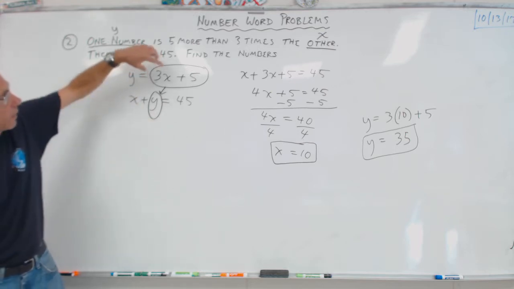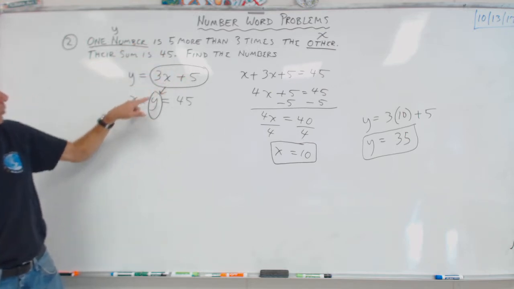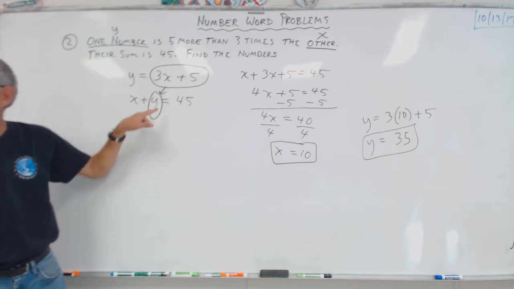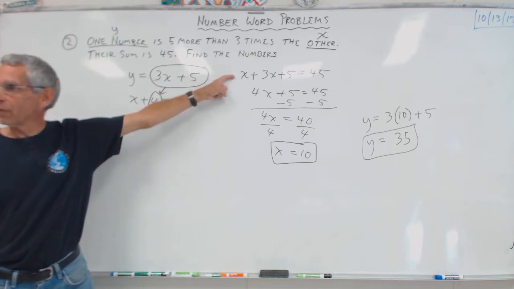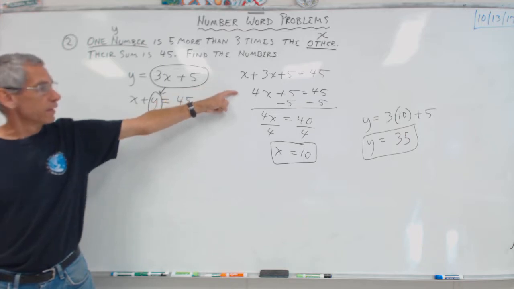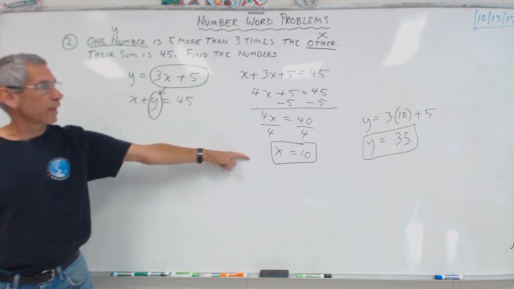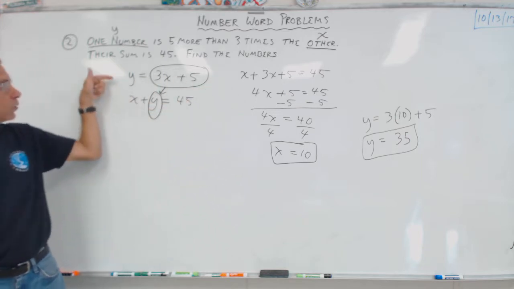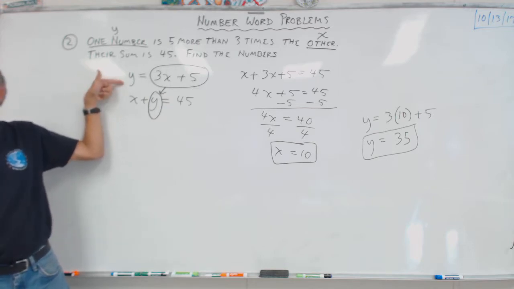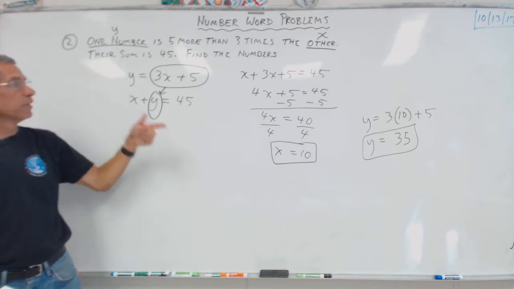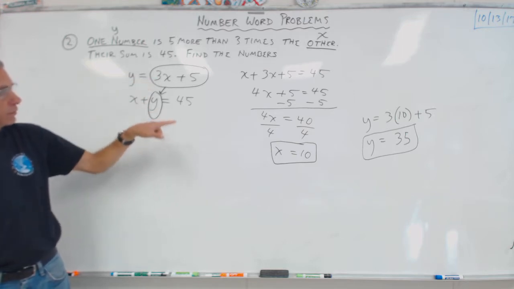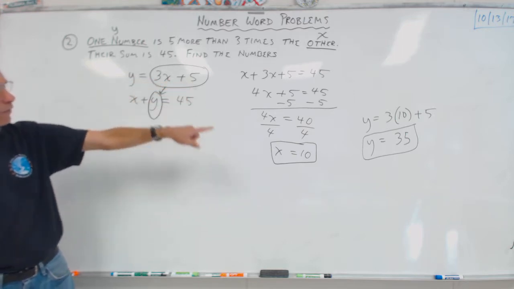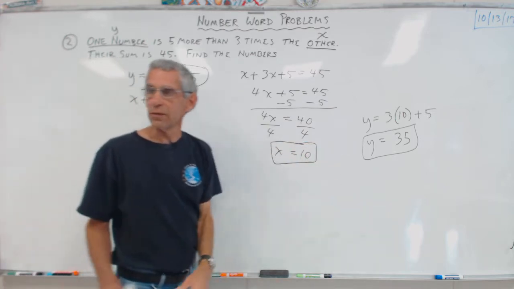Then I circle the y in the other equation and substitute it in, and now I have one equation with one variable. And then I get x is equal to 10. Now I go back to one of my equations, I choose this one, because since I'm solving for y, it already says y equals. Then 3 times 10 is 30, plus 5 is 35. So there, I've got my 2 answers.